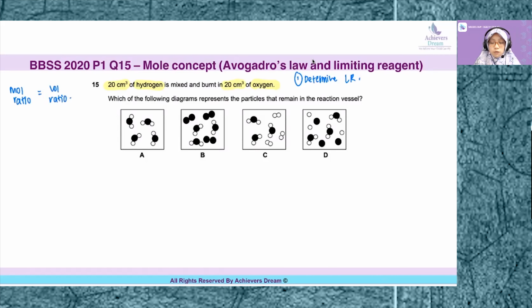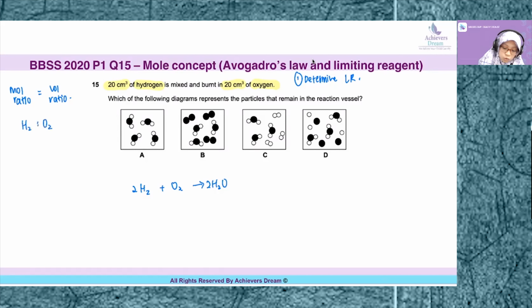So let's write the balanced chemical equation for this reaction first, which is the combustion of hydrogen gas. H2 plus O2 will give me water, H2O. Make sure to balance your reaction correctly, because this will tell you the mole ratio correctly as well.